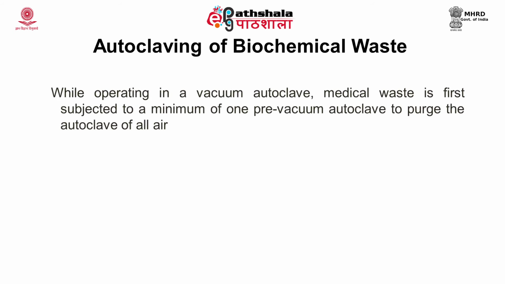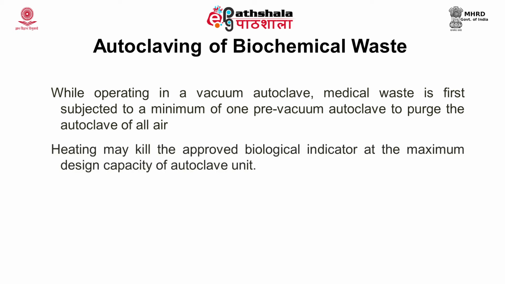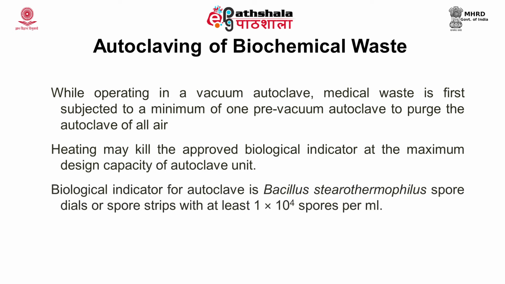While operating a vacuum autoclave, medical waste is first subjected to a minimum of one pre-vacuum pulse to purge the autoclave of air. Heating should kill the approved biological indicator at the maximum design capacity of the autoclave unit. The biological indicator of an autoclave unit is Bacillus stearothermophilus spores.